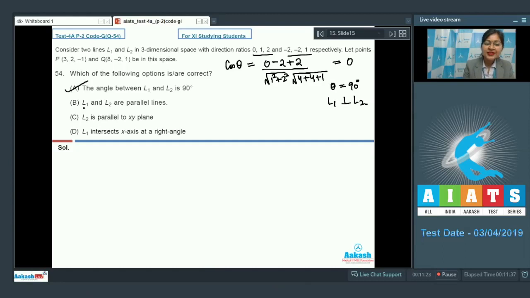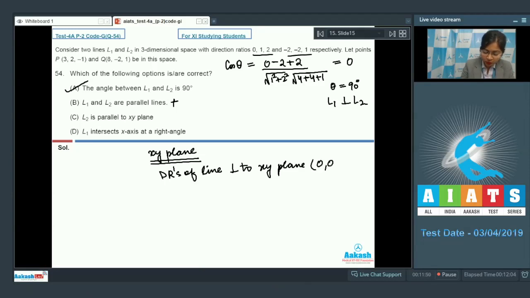Next, option number B says that L1 and L2 are parallel lines, which is incorrect. Now next, L2 is parallel to XY plane. For the XY plane, we know the direction ratios of the line perpendicular to XY plane will be 0, 0 and 1, or k, right? So we have to find whether L2 is parallel to XY plane or not.